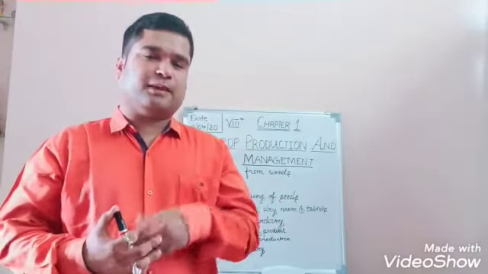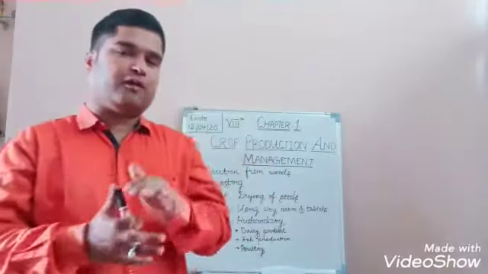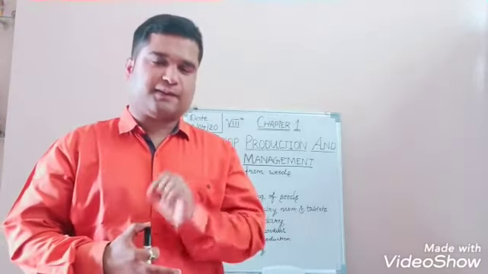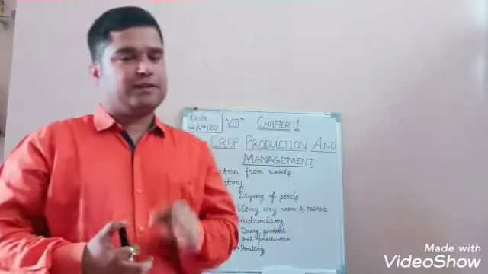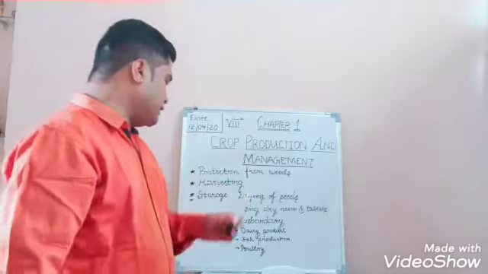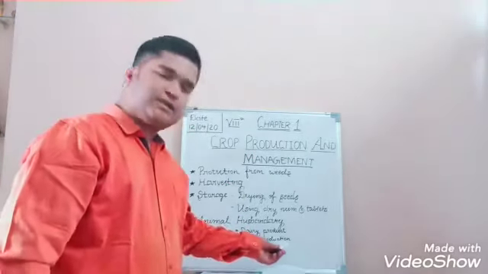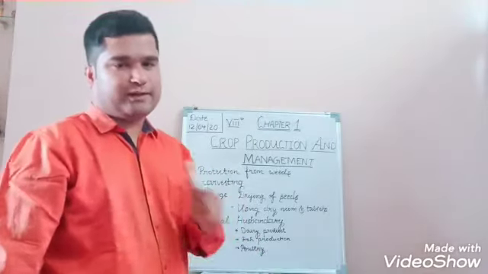From them they may get milk products. The process of rearing of animals for obtaining useful products is known as animal husbandry. And in animal husbandry, dairy products can be there, fish production can be there, and poultry can also be there.